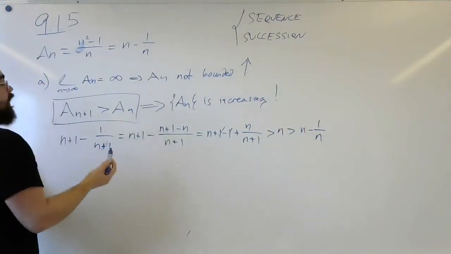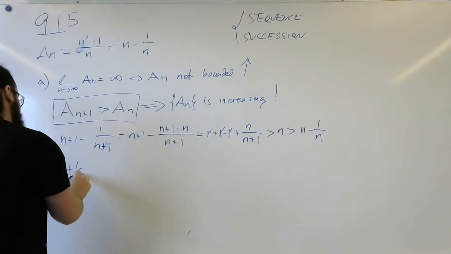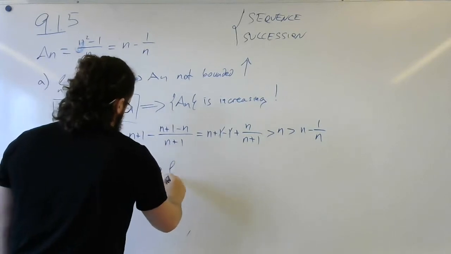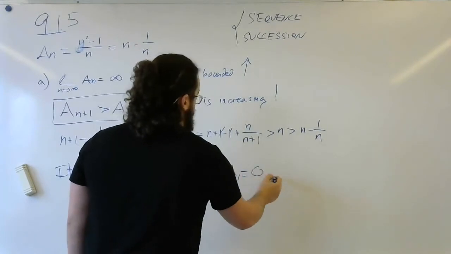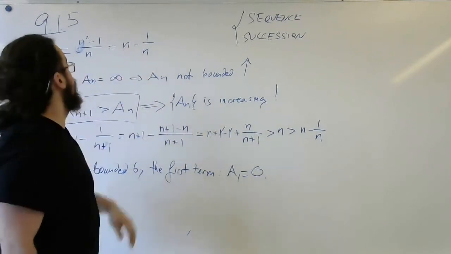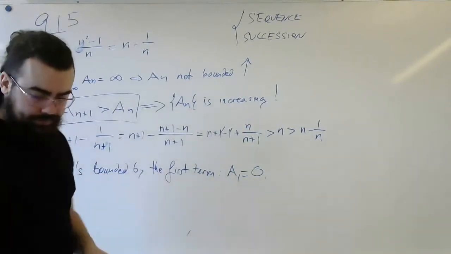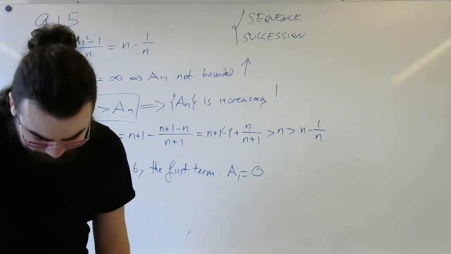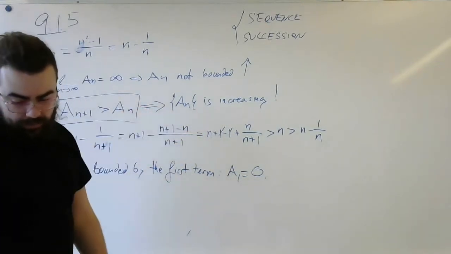So if it's increasing, and not bounded above, it means it's bounded by its first term. That's a1 and that's 0. Which makes sense because all these terms are positive, except for the first one. Now, increasing, decreasing, or alternating, we have already answered.